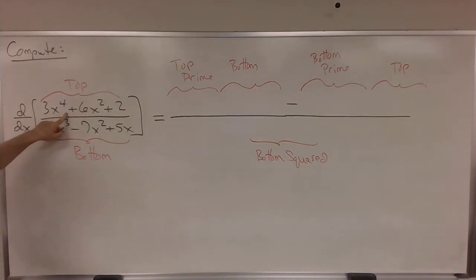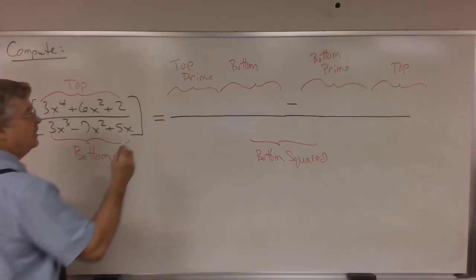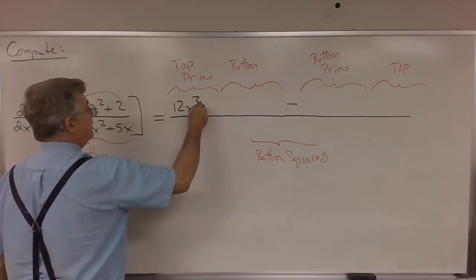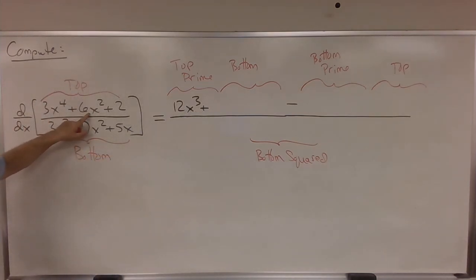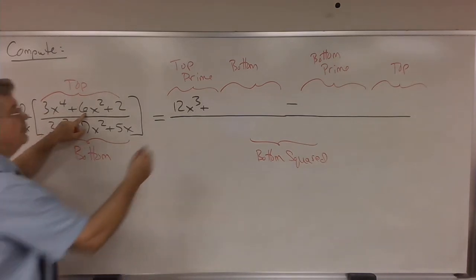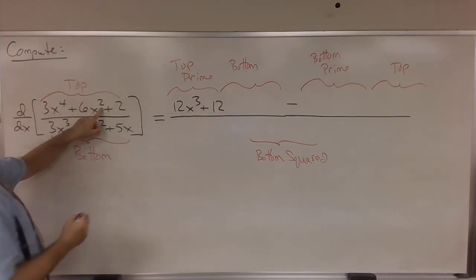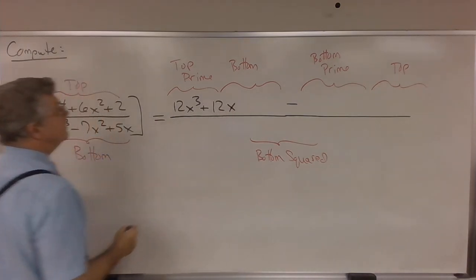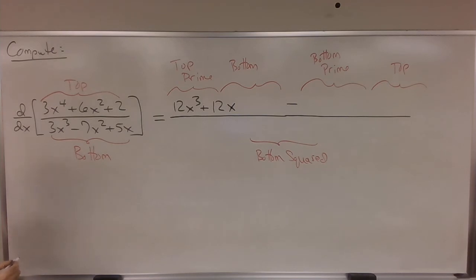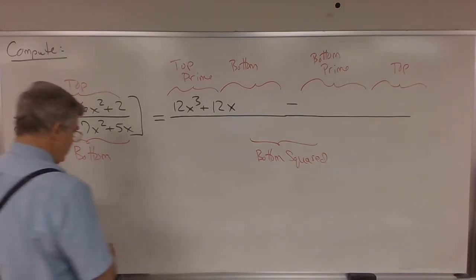Okay, top prime, we just have to compute the derivative of this piece of junk. 4 times 3 is 12. Subtract 1 is 3, so we have 12x cubed. 6x squared derivative, bring the exponent down front. 2 times 6 is 12. Subtract 1 from the exponent, so that's x to the first. And you know what?